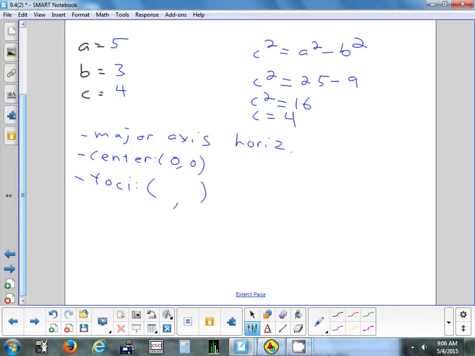I thought it was B. B is going to be your distance from the center to where it crosses the minor axis. Oh, C. Yeah. So you had the right idea, just the wrong letter. So what's going to be our foci? Negative 4, 0, and 4, 0. Yeah. So if you want, you can just write it like that, or you can write it the way Sam said: 4, 0, negative 4, 0.